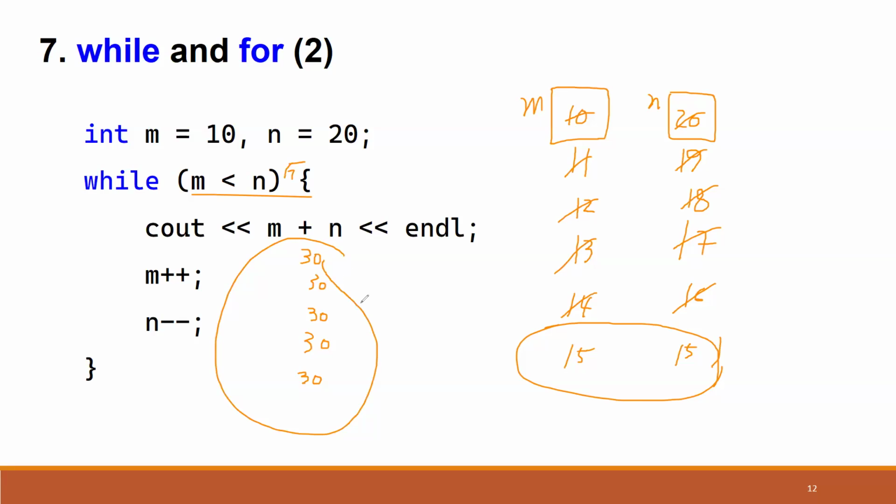So we can say that when m becomes greater than or equal to n, then the loop will stop, right? Okay.